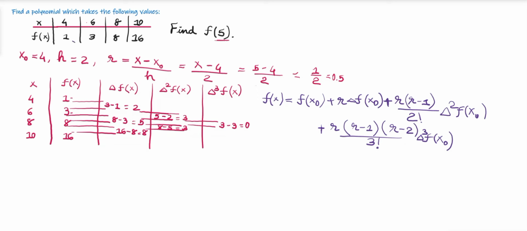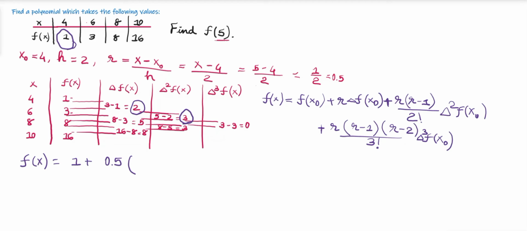So now here f of x naught is 1, r we have already found, which is 0.5. So 1 plus 0.5 into our delta f of x naught is 2, the first value in the table of delta f of x.